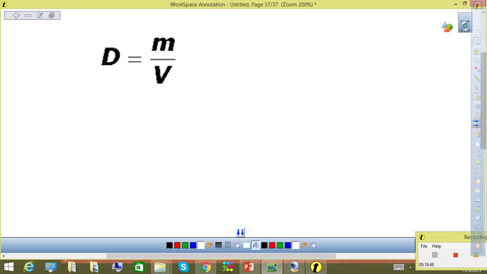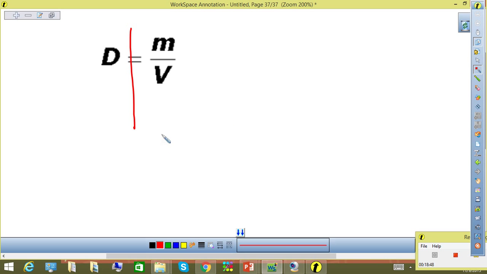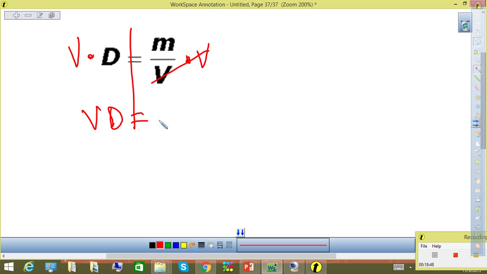Can we move stuff around first so we can start leaving one variable by itself? What do I do? Multiply times V. VD equals M. And then? Divide by D.